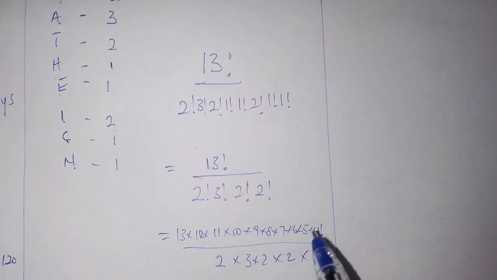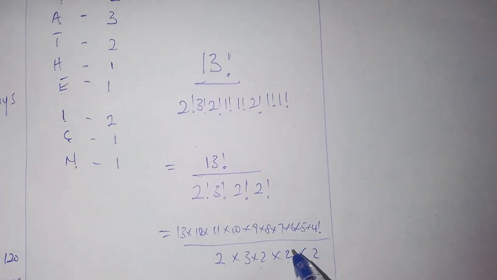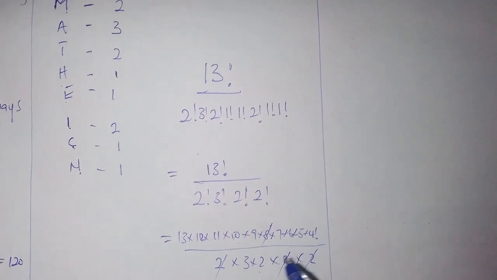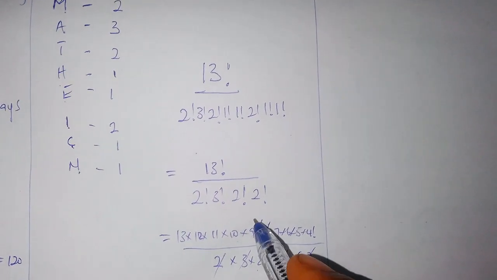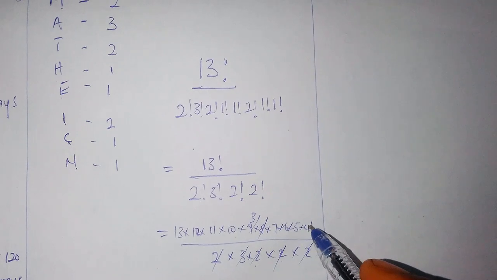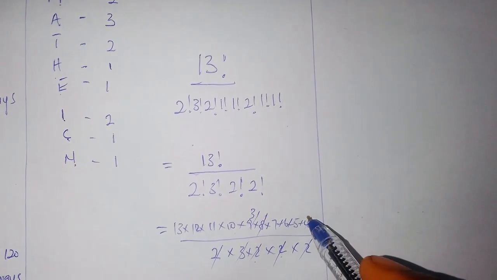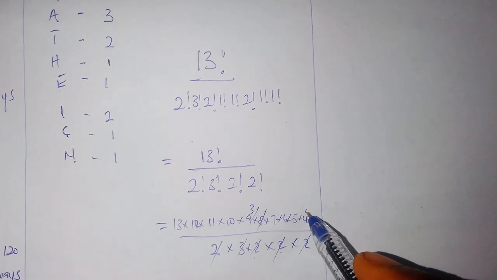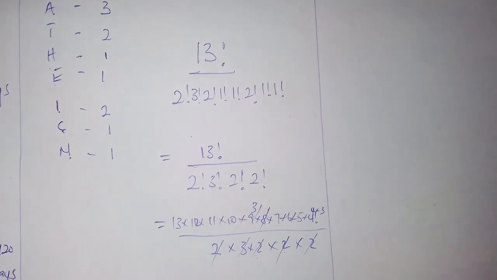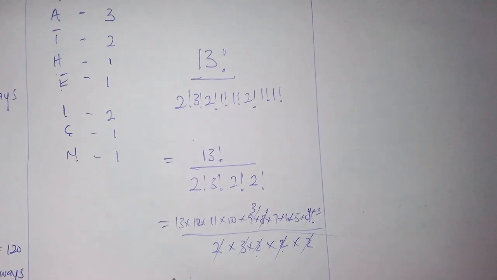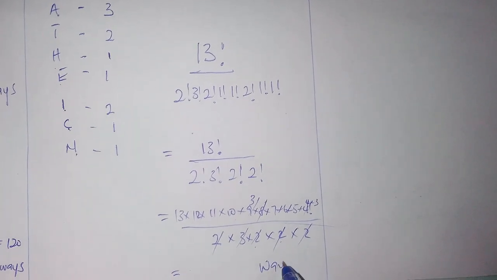Then you solve, cancel out where you need to cancel out, and get your answer. So in this, I'm going to have this remaining 4 times 3. You just multiply whatever you get up here and that becomes your answer in ways.